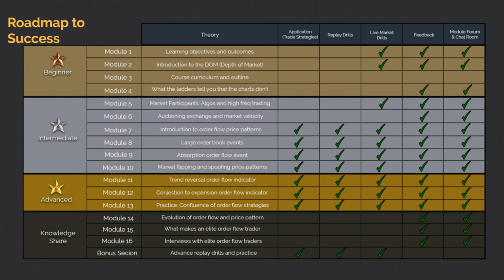Then we really shift onto the knowledge share, where we consolidate everything, where we look at the evolution of order flow and price patterns, and making sure that you're always adapting. We look at module 15, what makes an elite order flow trader, and we look at some of our senior, most successful and most profitable price ladder traders on our various Axia trading floors across Europe and the southern equatorial belt, where we do have a couple of offices as well, and a couple of trading floors.